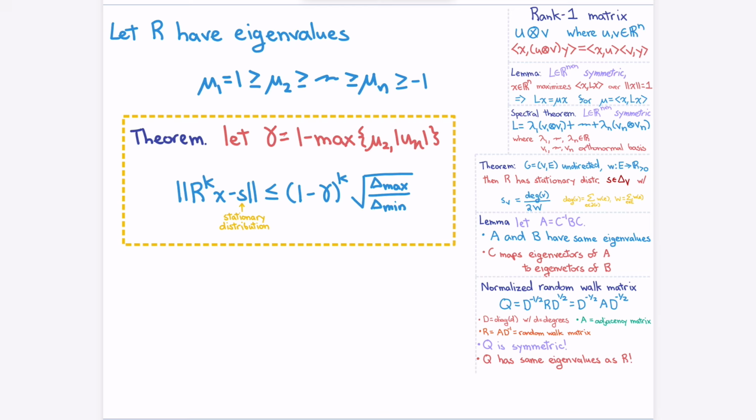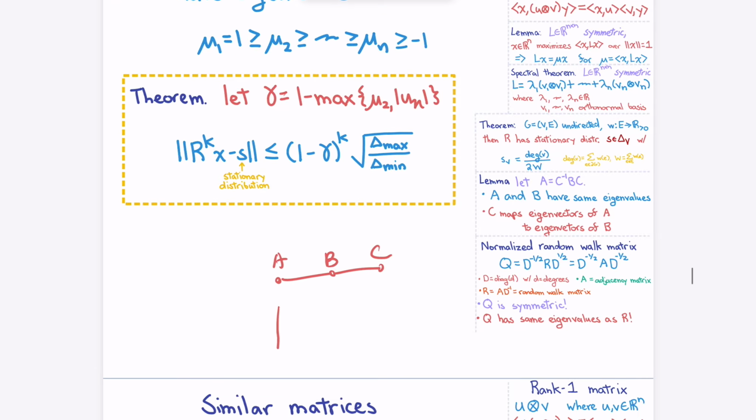What would be a nice example of one that's not symmetric? You just have A to B, something like this, A to B to C. So that's like a matrix. A, B, C, A, B, C. So A going to B is 1, 0, 0.